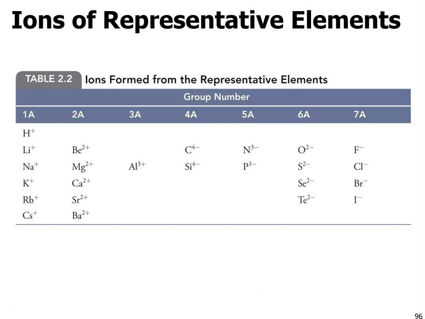So maybe compare this to a periodic table to see where aluminum, carbon, nitrogen, oxygen are. The reason this switches over is that they're more on the right-hand side of the table. These are the non-metals right over here. That will be negatively charged versus the metals are going to be positively charged.